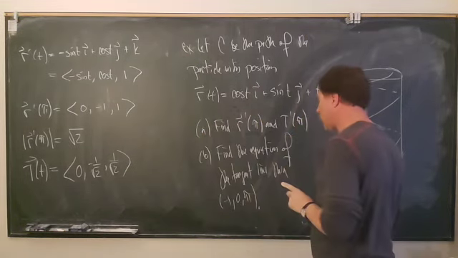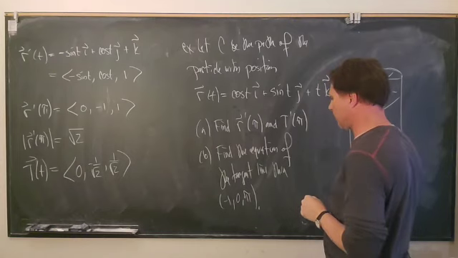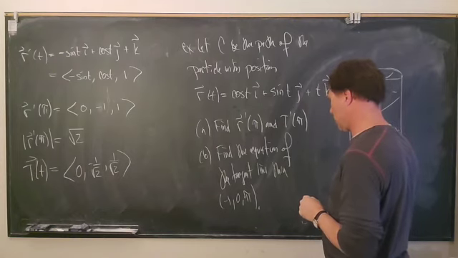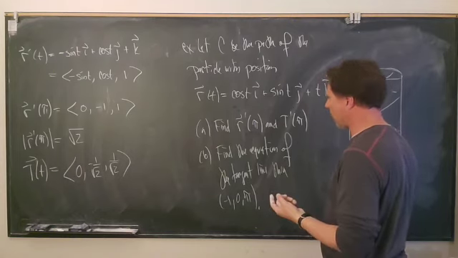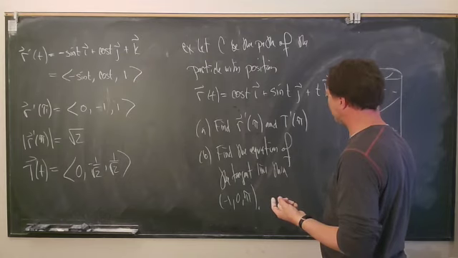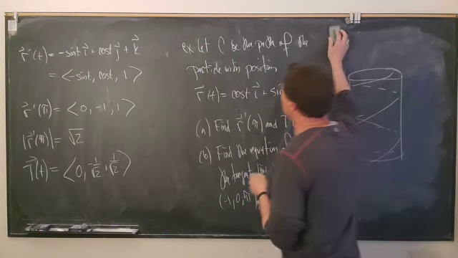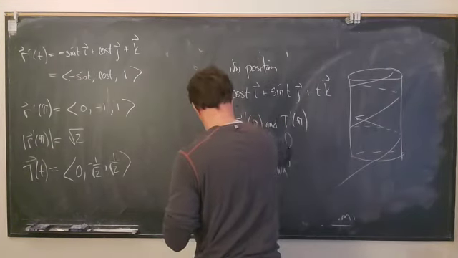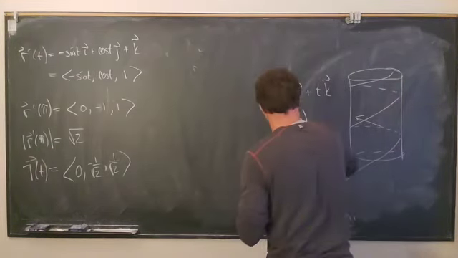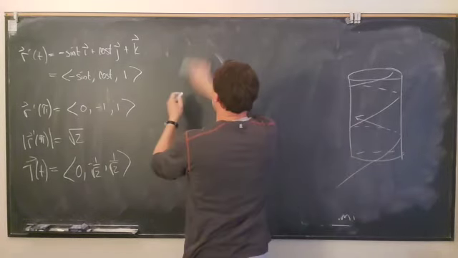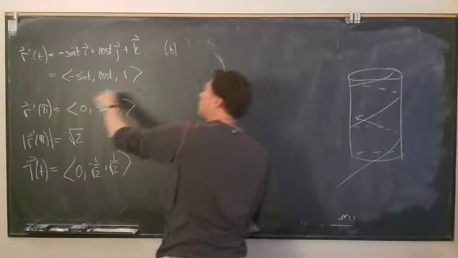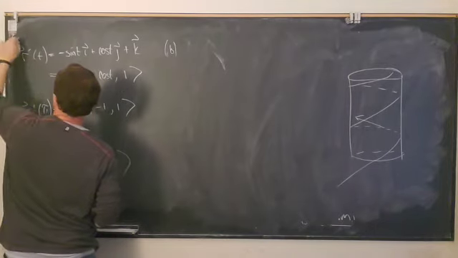Okay, so now we want the equation of the tangent line through minus 1, 0, pi. That corresponds to when t equals pi. Sorry, this was part A here, huh?